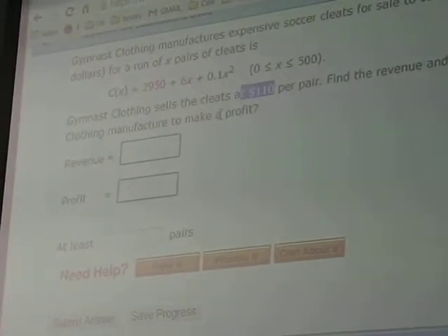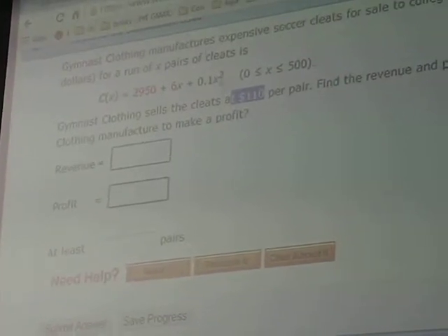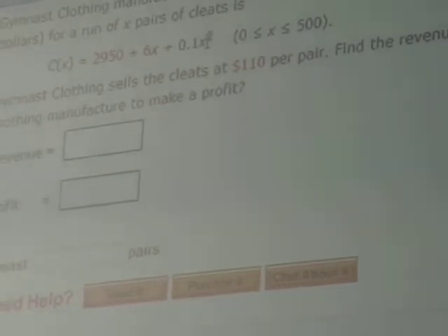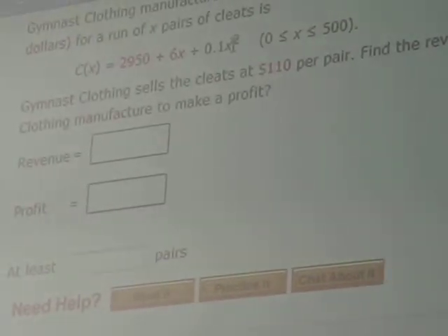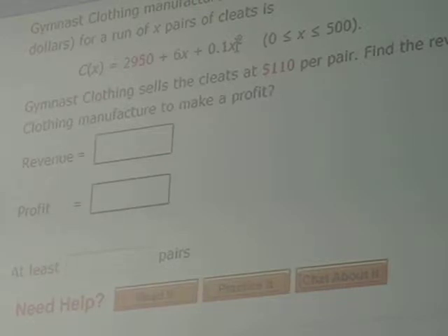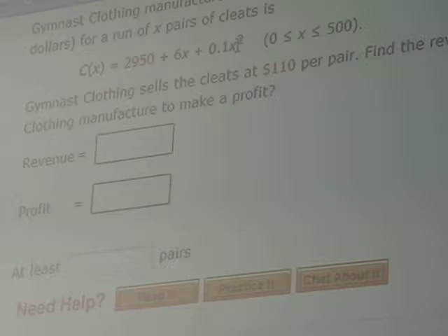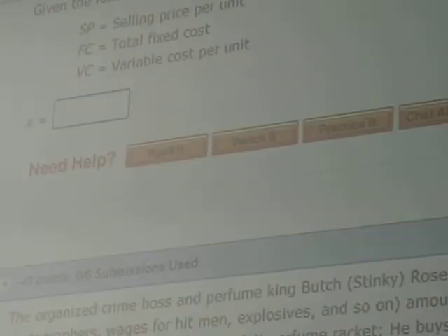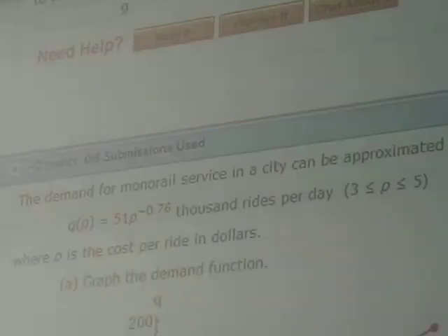Now in this case, it's not going to be quite as simple because the cost function has a square in it. The other one didn't have a square, so that should be really easy to solve. This one is a little bit more algebra, but shouldn't be too hard. Any questions about that? Okay, these are all similar to that.